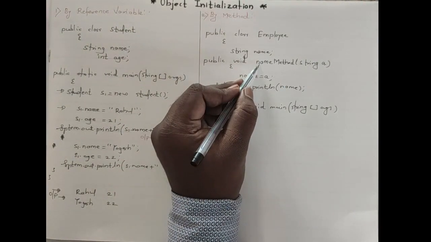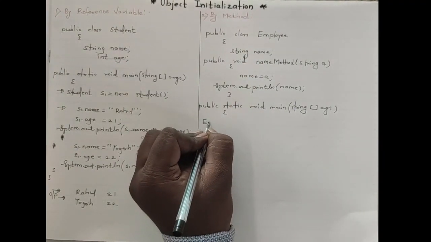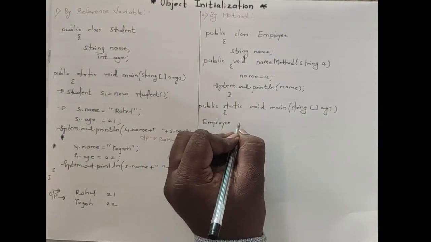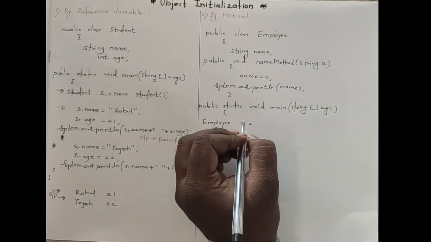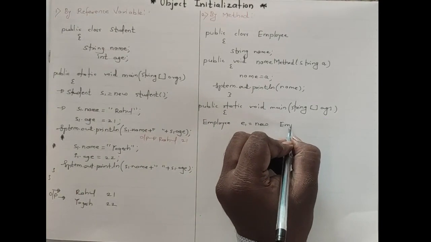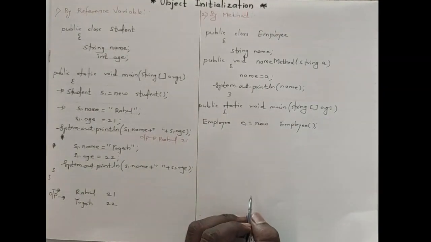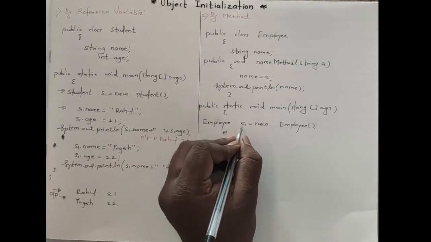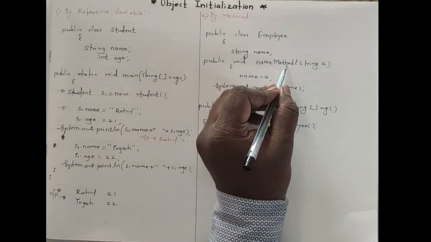Then to call that method we require a main method. How to call that method? We need an object creation for the Employee class, Employee E1 as a reference variable here, then the new keyword and the constructor for that class. We know that the constructor and class name are always similar. Then E1 dot, we are using a method here.